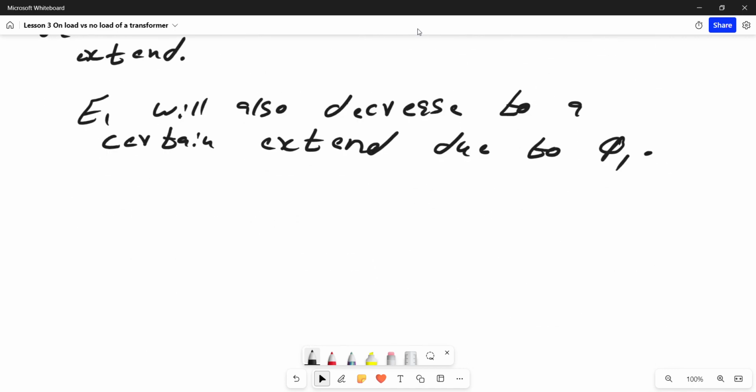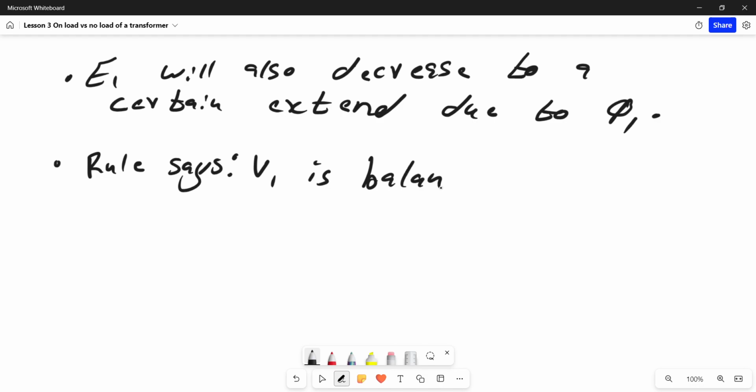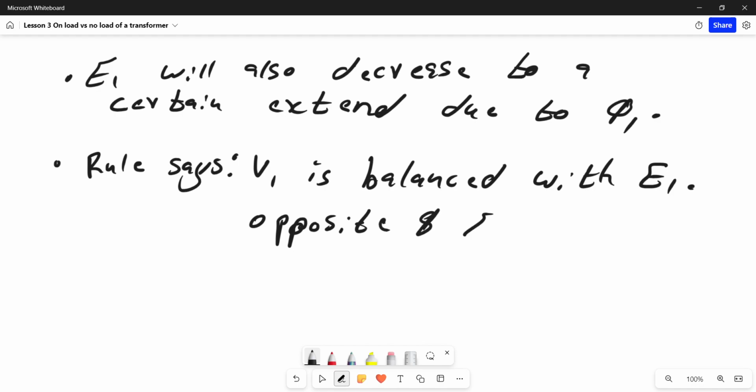So what happens next when this happens? The rule says V1 is balanced with E1, because they're opposite in direction and equal in magnitude.